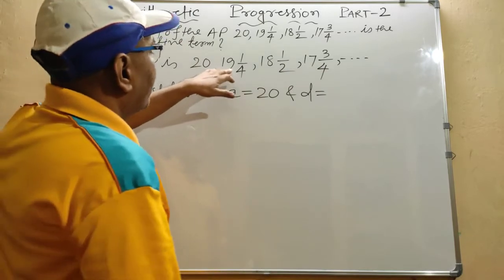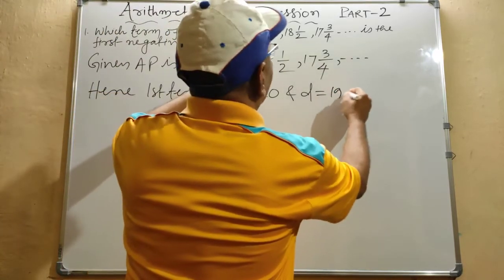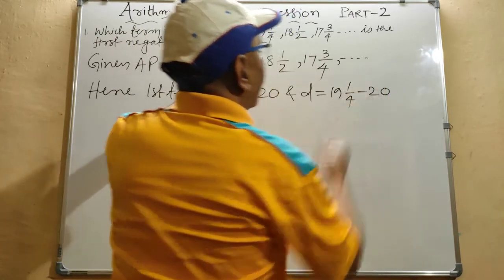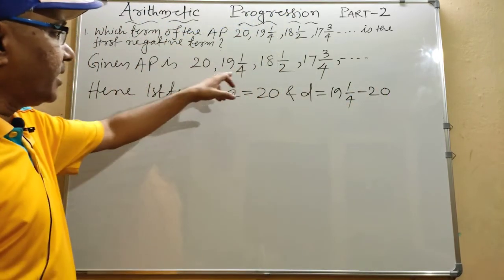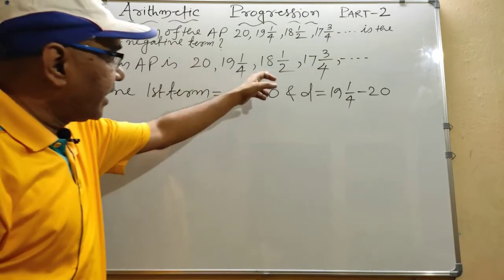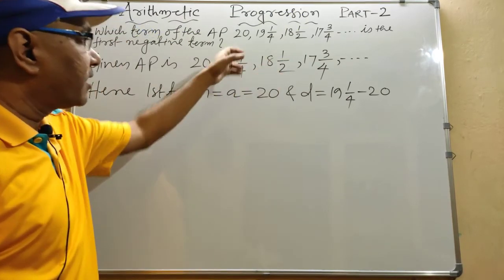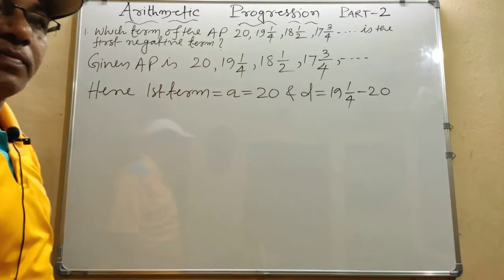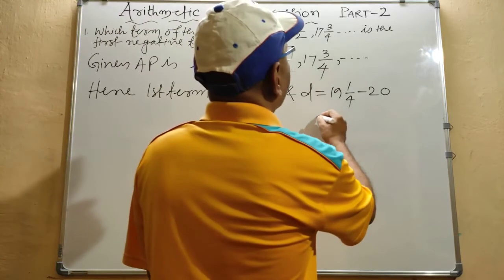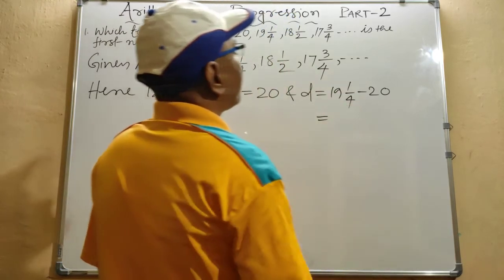So take 19 1/4 as the second term and its previous term is 20. So 19 1/4 minus 20 will give you the common difference. You can take 18 1/2 minus 19 1/4. That will also give you the same common difference. So let us see how much it is.